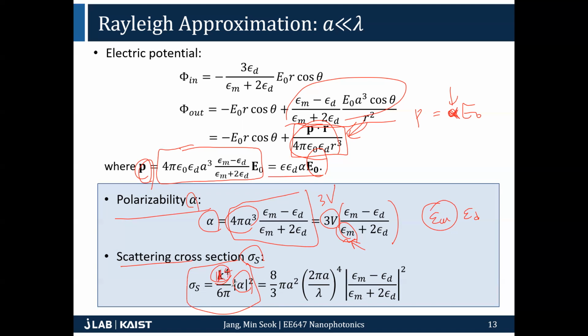So the scattering cross section, if you look at this equation, is proportional to the cross-sectional area, which is the physical area, times 2 pi a over lambda to the fourth power, times this combination of the permittivity.